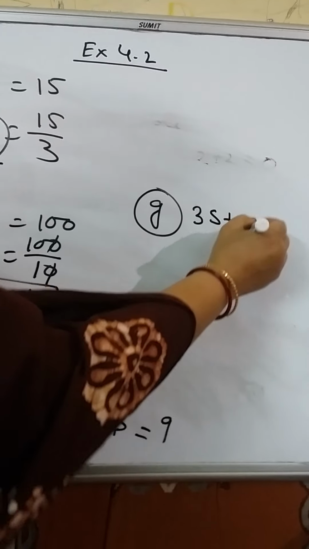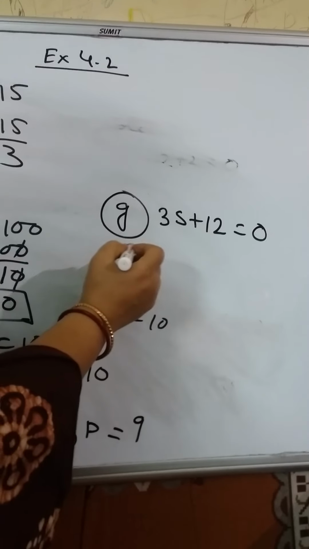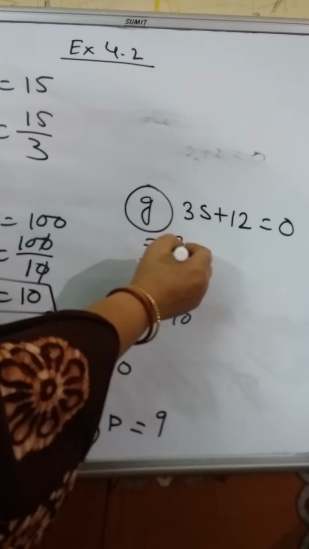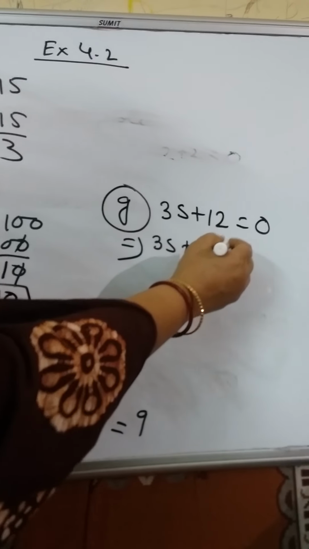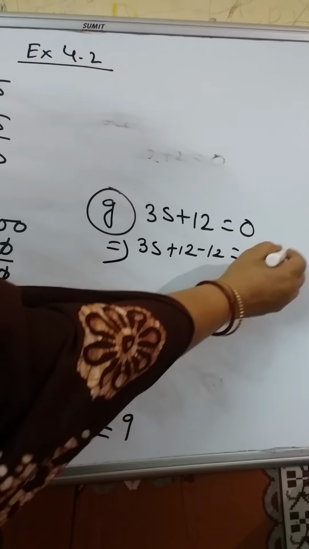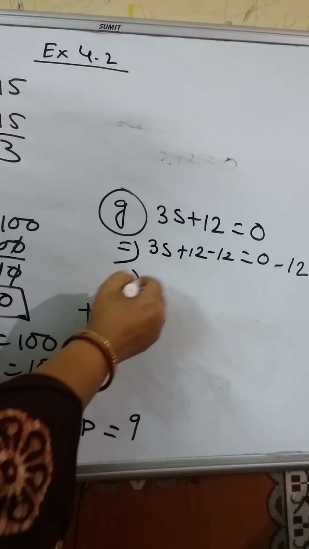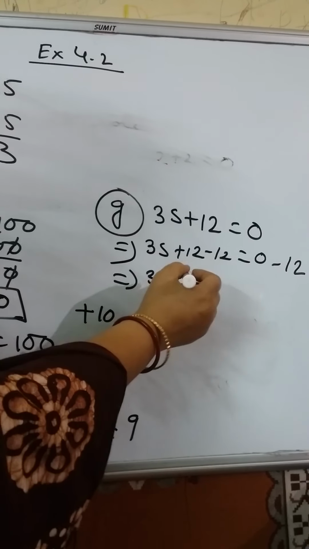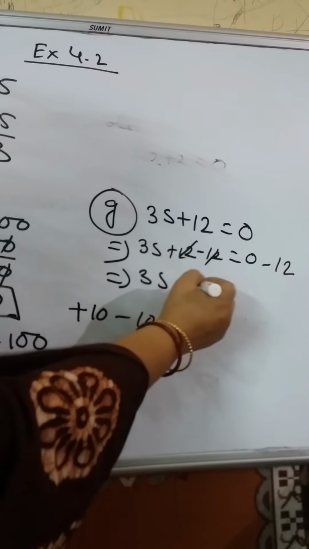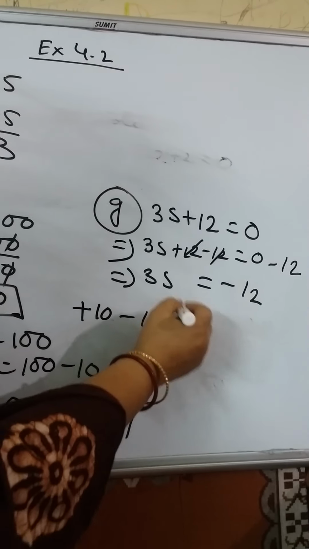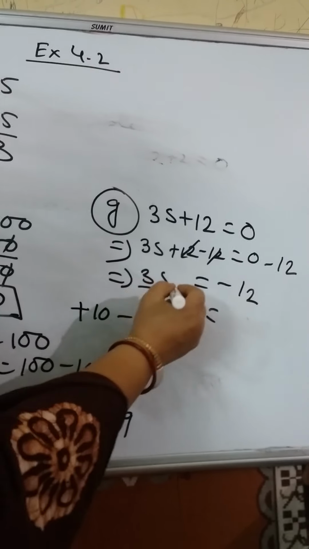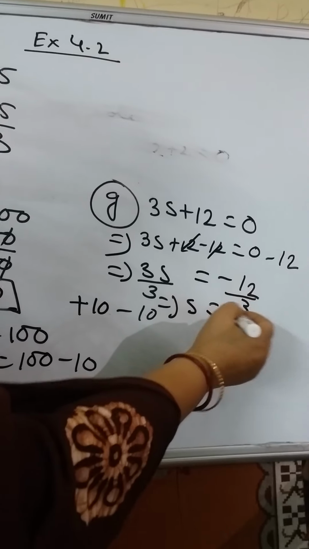Okay. Now I will do question number G. 3s plus 12 equals 0. Now 3s plus 12 minus 12 equals 0 minus 12. So 3s, this will be 0, equals minus 12. So s equals, you have to divide both the sides by 3.